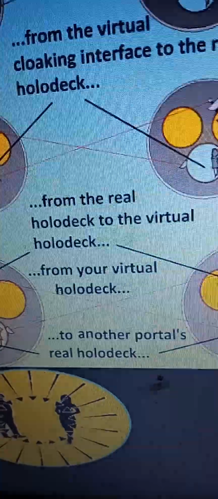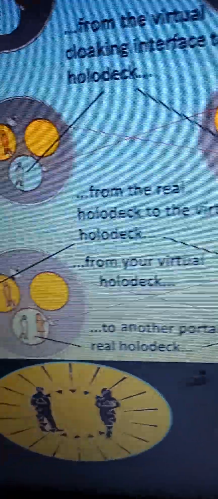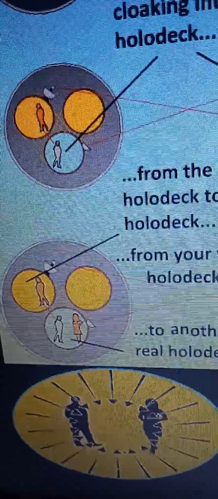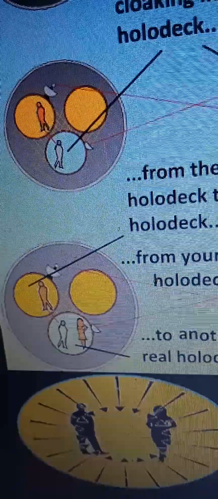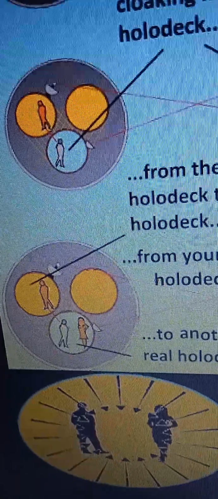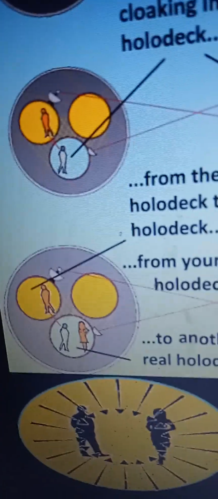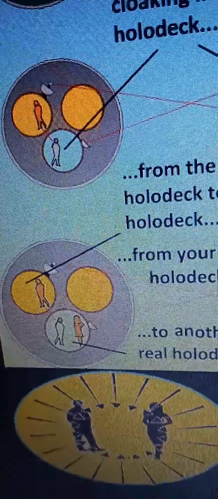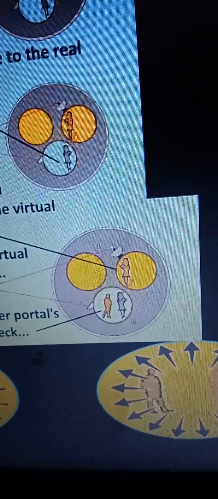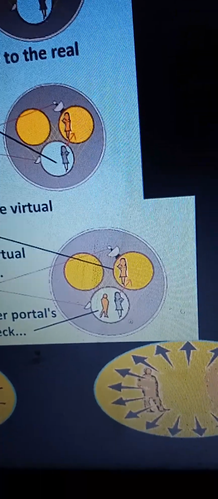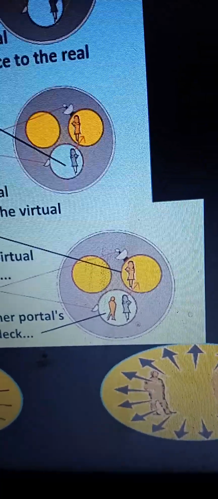From the real holodeck to the virtual holodeck, it can only take light information, in the yellow with the orange-colored Bob in reverse. That's his virtual holodeck. And right here in Alice's, her orange color, that's her virtual body reversed.